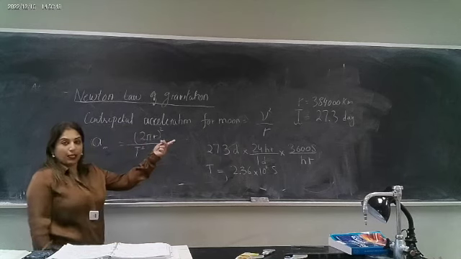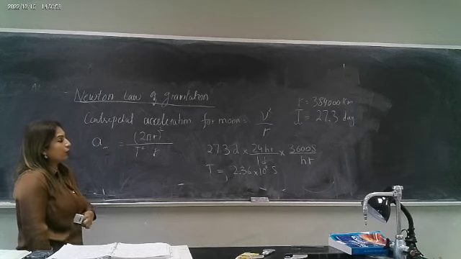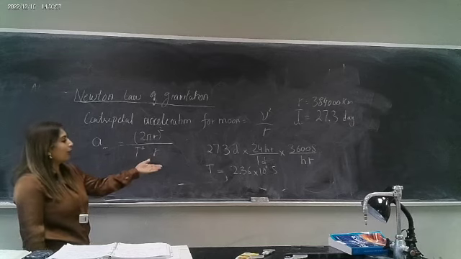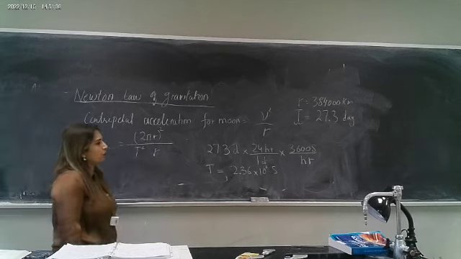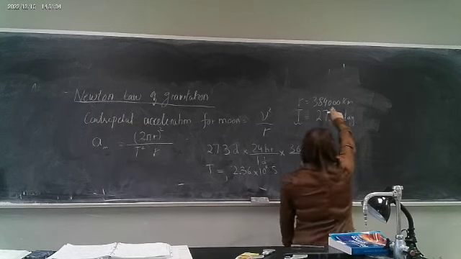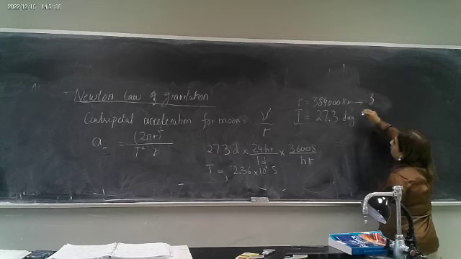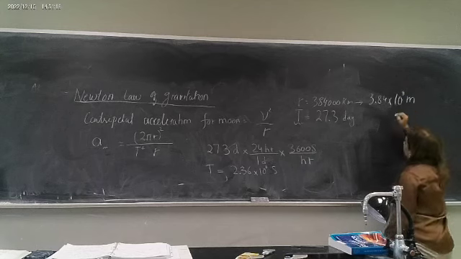It was given in days, and if you Google the time for the moon's rotation about the Earth, you are going to get 27.3 days. For our calculation, we converted it to seconds. Also, you do need to convert the distance to meters, and that would end up giving you 3.84 times 10 to the 8 meters.